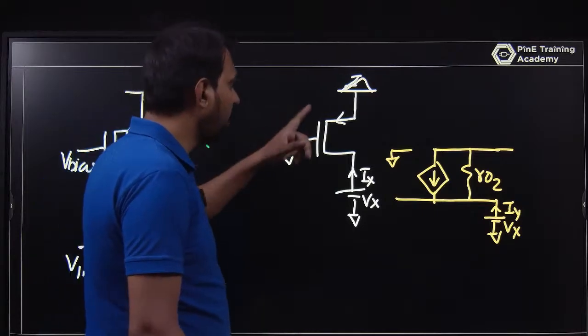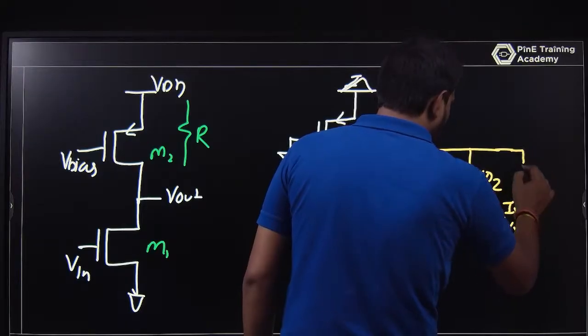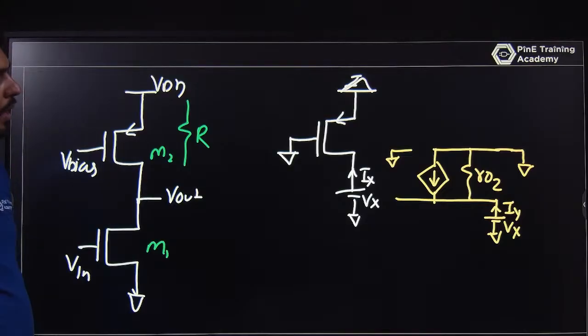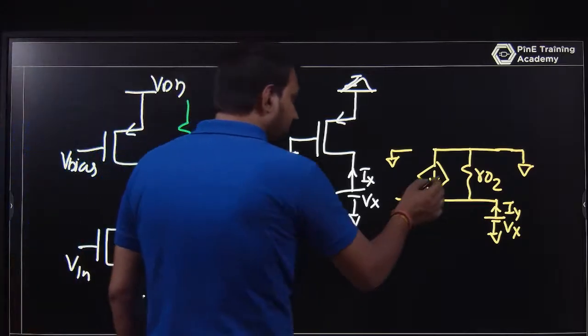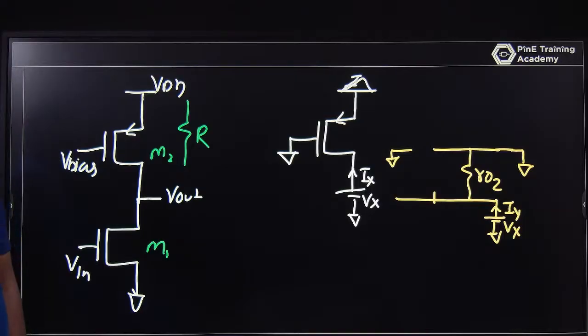The source voltage is 0. Make the source grounded and the drain here. Basically the gate and source are 0, so gm VGS is 0, that is VGS is 0. It is not present. So there is only one resistance, that is r02.